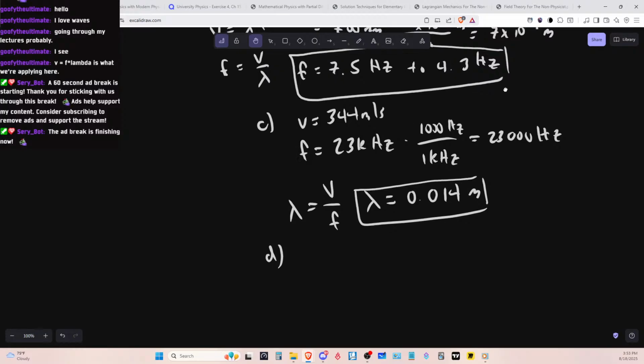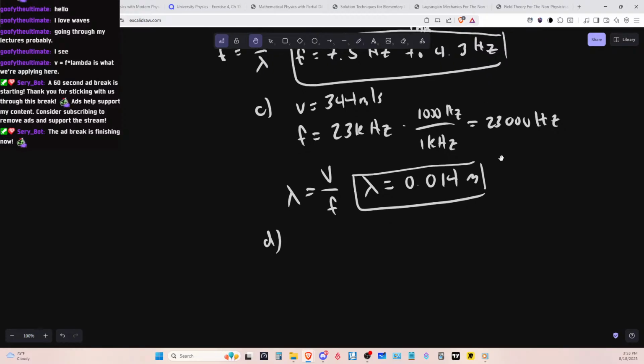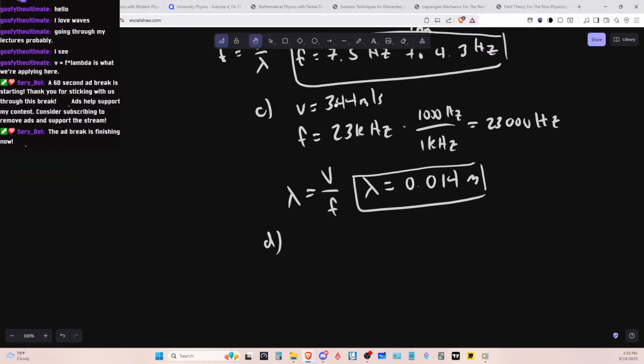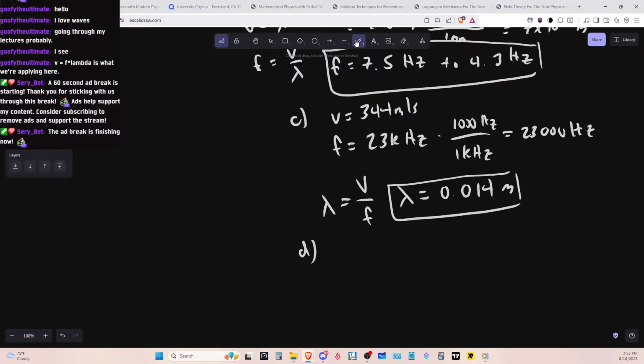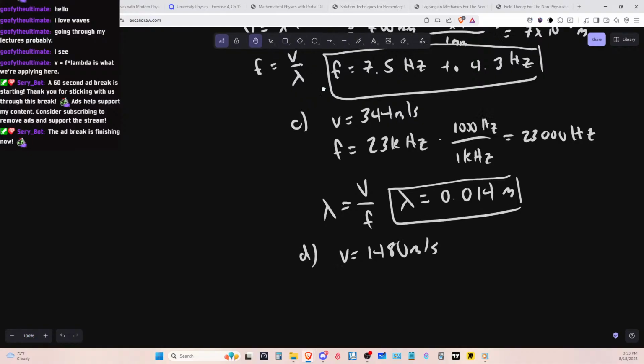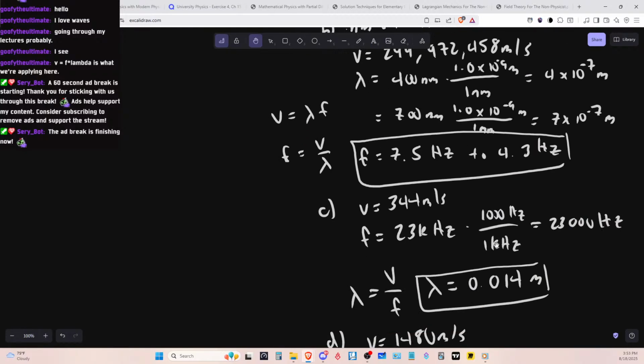Okay, so we have the frequency, so, oh, basically like in fluid. So in fluid, so that's another thing we can learn, is that the speed in fluid is 1 meters per second. Is that it? Yep.